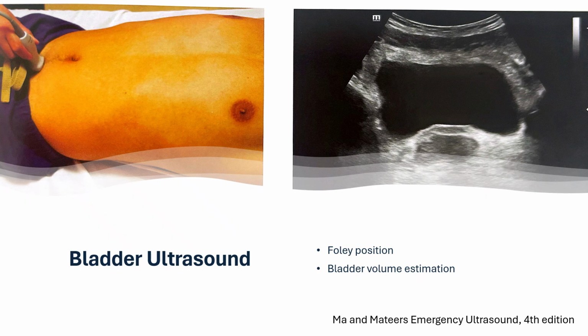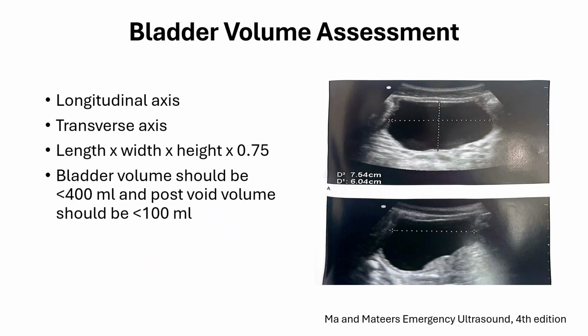When performing kidney ultrasound, you must finish it by examining the bladder. For example, you can confirm appropriate Foley position. You can also estimate bladder volume. So how to estimate the bladder volume? You will need to image the bladder in the longitudinal and transverse orientation.